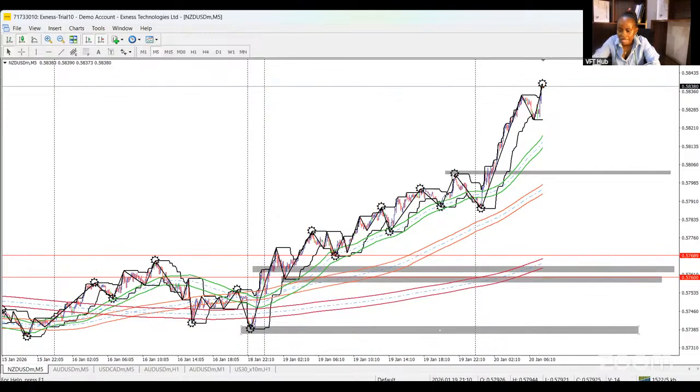So yesterday's high, day before yesterday's high, yesterday's low, day before yesterday's low have all been marked out. If I'm going to be taking this sell, provided my confirmation is given on the M1 time frame, my confirmation is usually a break and a retest of these Keltner channels on M1.